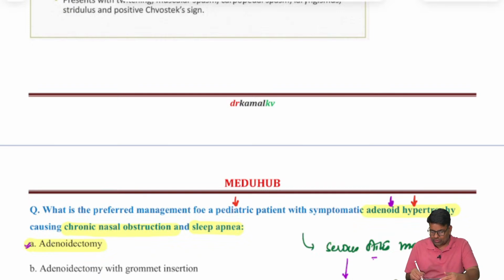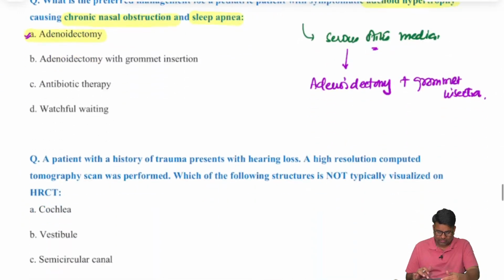If it is associated with serous otitis media, then only we will do myringotomy with grommet tube insertion, addressing the serous otitis media as well. But in the question, there is no mention of serous otitis media. Simply, it is adenoid hypertrophy which is obstructing the air pathway. So we will do adenoidectomy, right? So A is the better answer here.